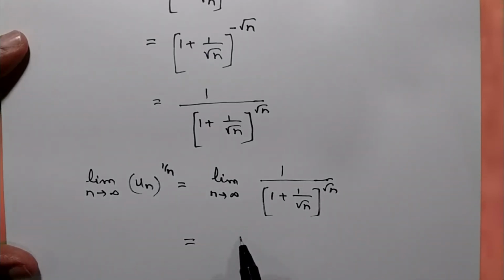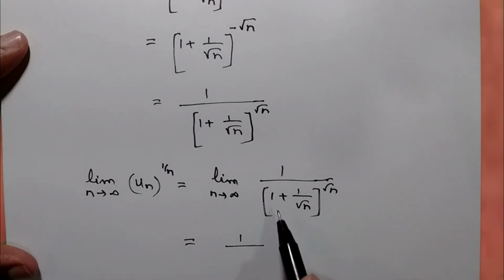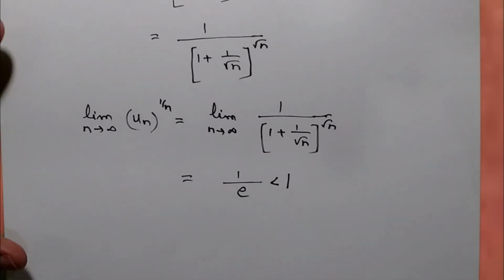This will be equal to 1 by, so if you apply the limit, this is similar to limit as n tends to infinity 1 plus 1 by n whole power of n, whose value is e. So if you use that result, its value will be 1 by e. So e value is 2.7, so 1 by 2.7 will definitely be less than 1. So this value is less than 1.